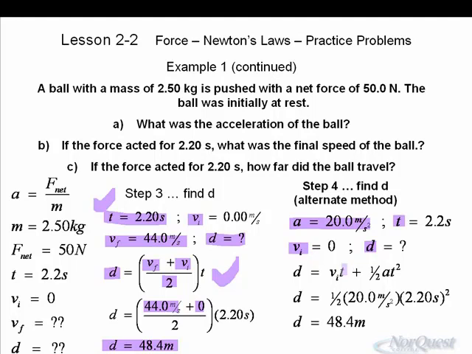Choose a formula from the 4 kinematic expressions that, of course, has these 3, t, a, and Vi, and also has your unknown. Now, in this case, we pick the equation that doesn't have Vf. And since the initial velocity was 0, the equation becomes 1/2 at squared. And here's our 1/2 at squared. And guess what? We get 48.4 meters.